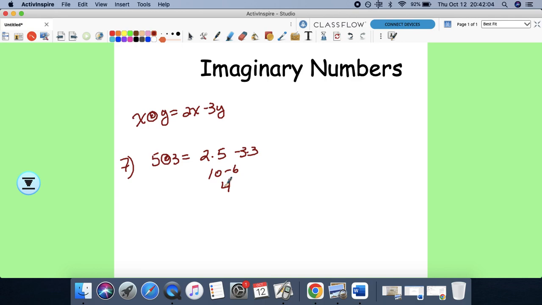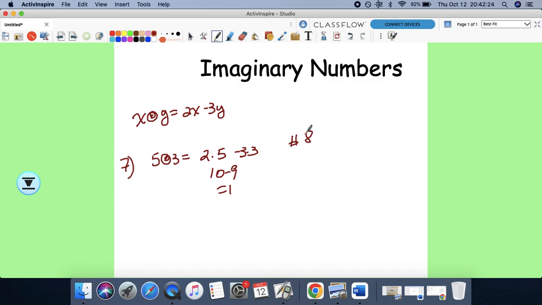No. X equals 5. 2 times 5 is 10, minus 3 times 3, which is, I can't multiply. Oh my god. 10 minus 9, which equals 1.